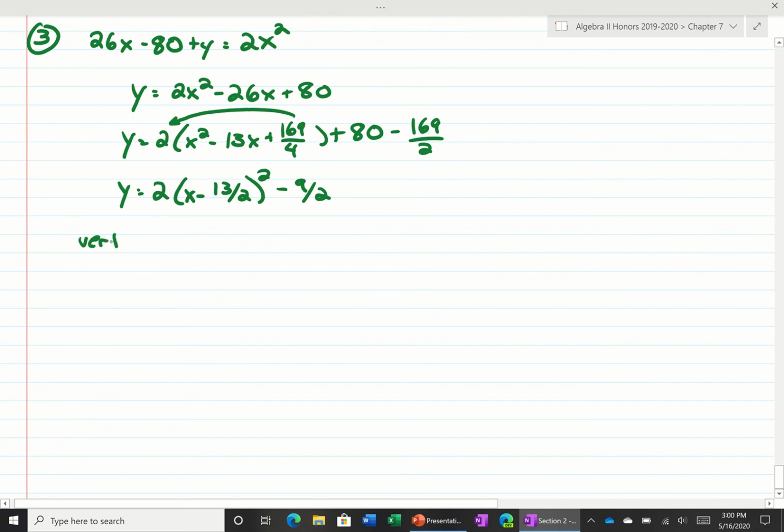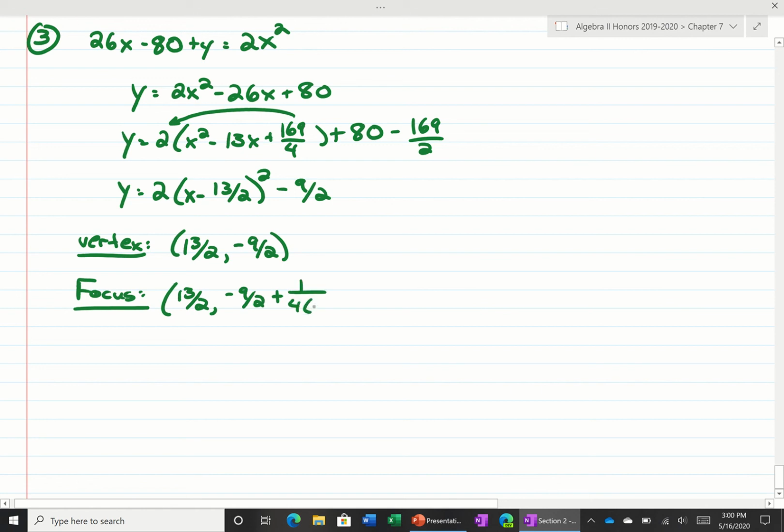The vertex would be (13 over 2, -9/2). Our focus would be (13 over 2, -9/2 plus 1 over 4a).